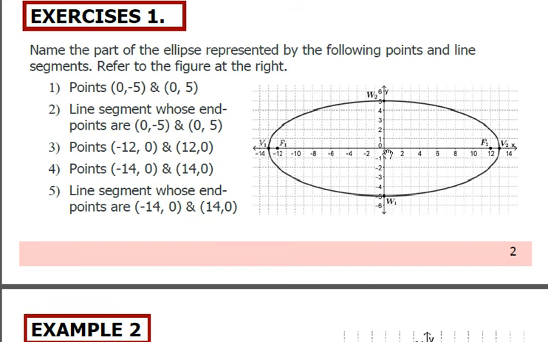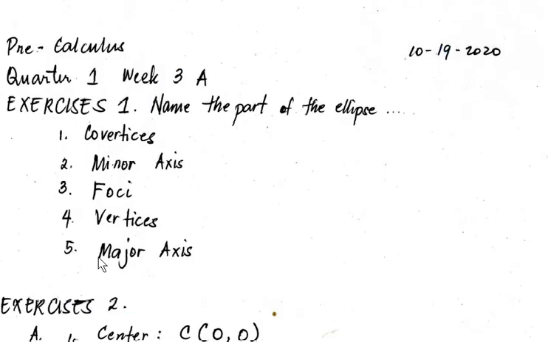Where is that? Those are the co-vertices because those 2 points are collinear with the center, but they form a line segment that is considered the minor axis. So these are the co-vertices.